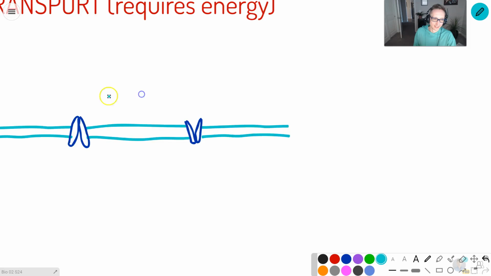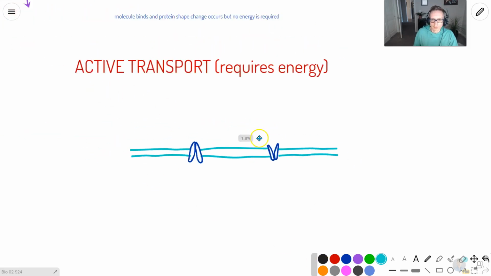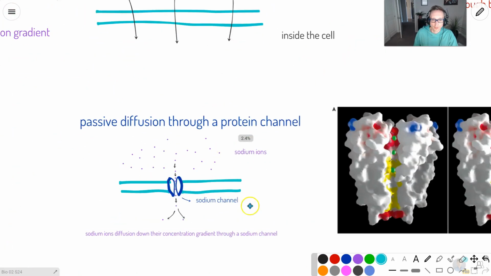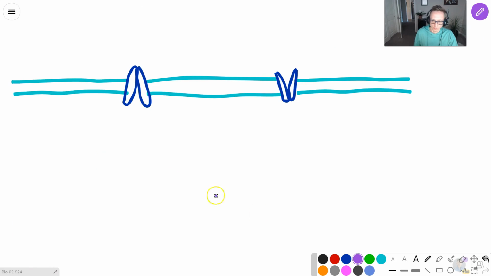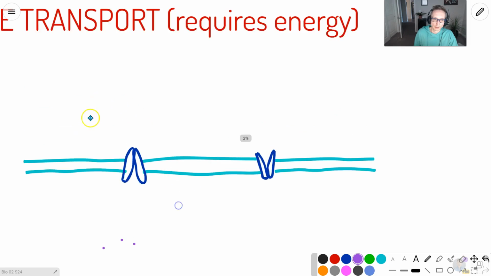Okay. All right, so inside of the cell, where did I draw my sodium? I drew the sodium ions in purple. So inside of our cell, let's say we got some sodium ions. And we actually got a boatload of sodium out here. And inside the cell, we've got a lot of potassium. And of course, we've got some potassiums out here.